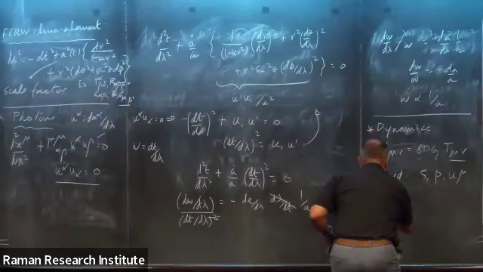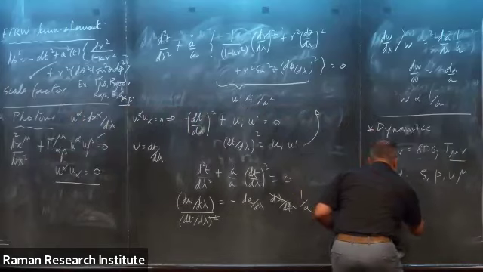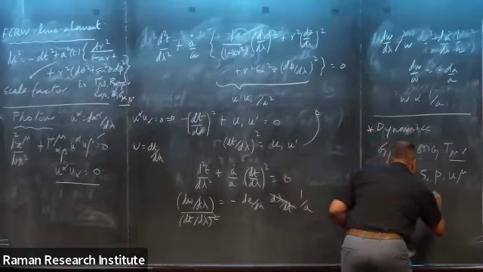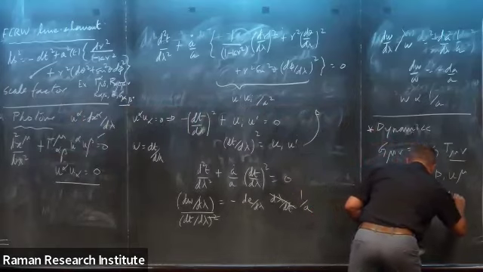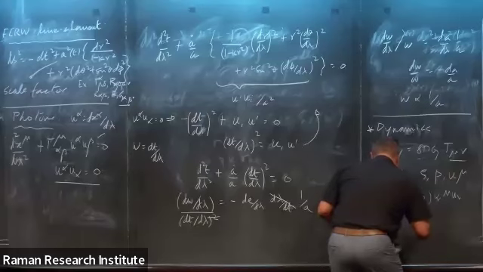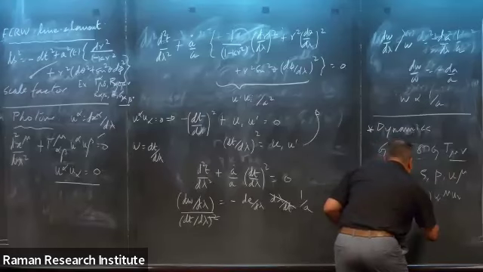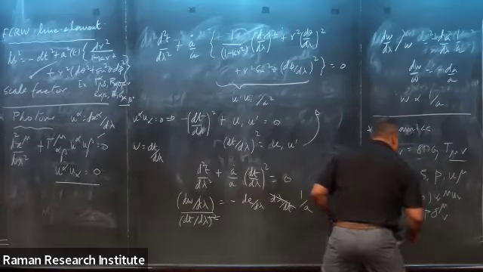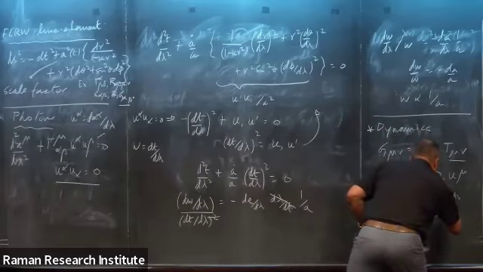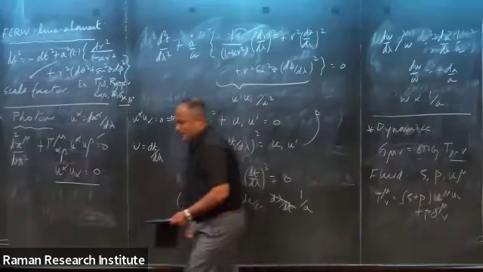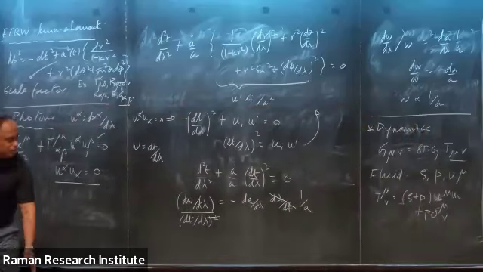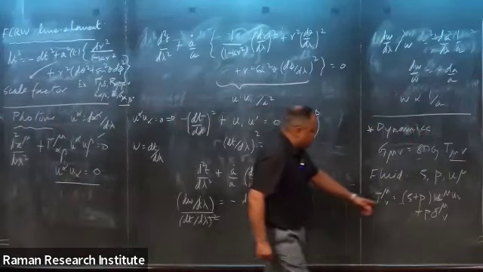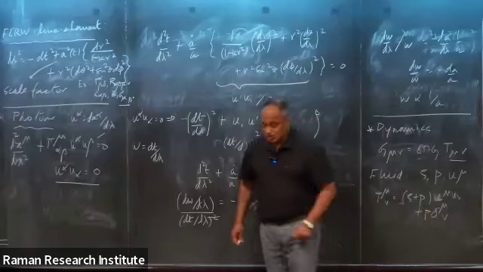So T mu nu is rho plus P u mu u nu, plus P delta mu nu.